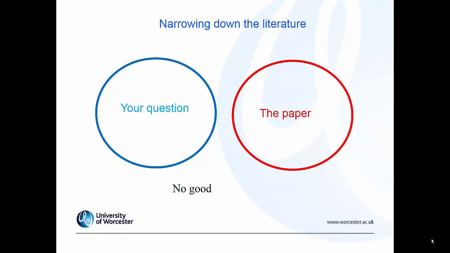So, for example, if your question was, does intentional rounding work, defined by a reduction in pressure sores, say, then a paper that looks at barriers to implementing intentional rounding, like the service evaluation we looked at, just won't answer the question. It's both about rounding, but it's no good for us, so you get rid of it.